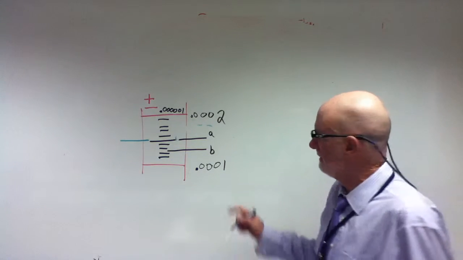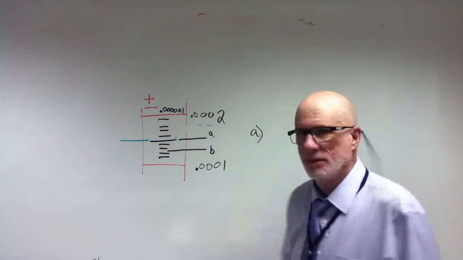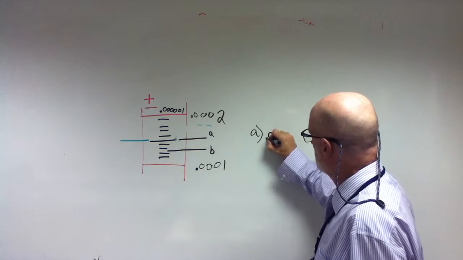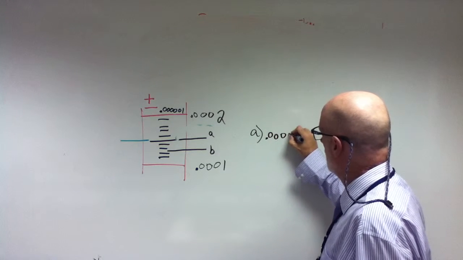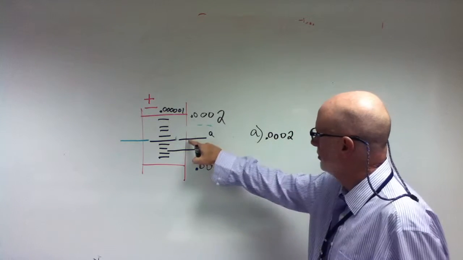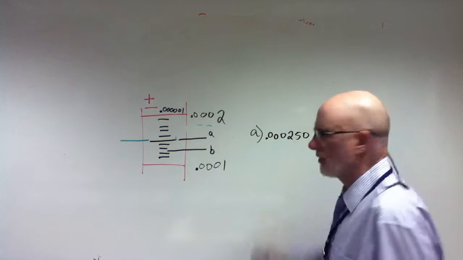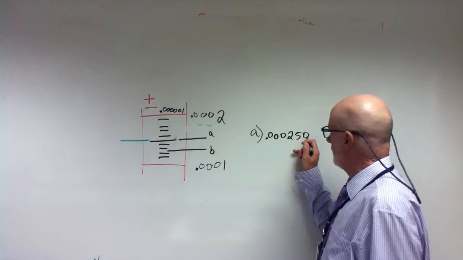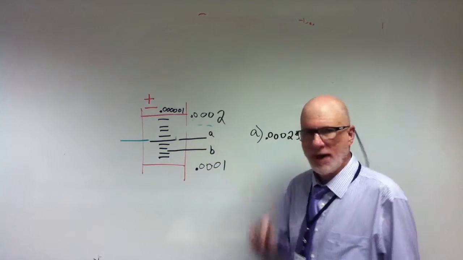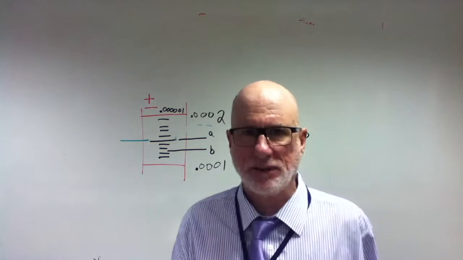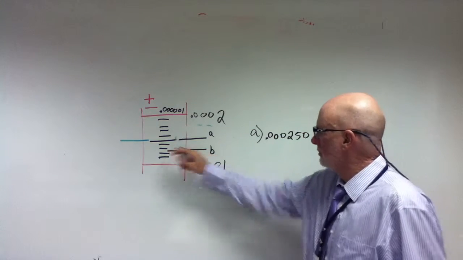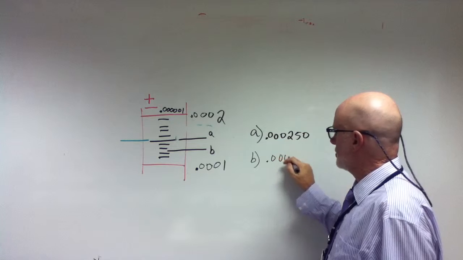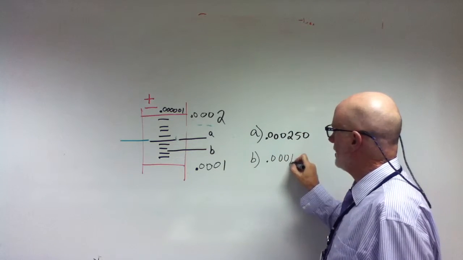Okay, so let's do it. A is 0.0000250. Okay? Now, that 0 has a function. That 0 is a good 0. This one is going to be 0.0001.